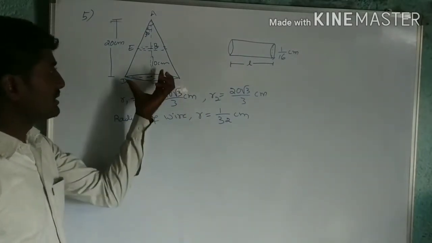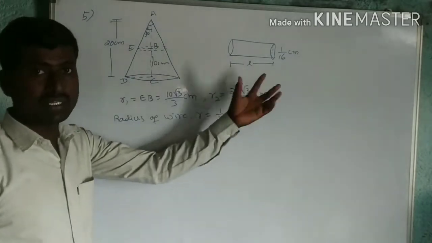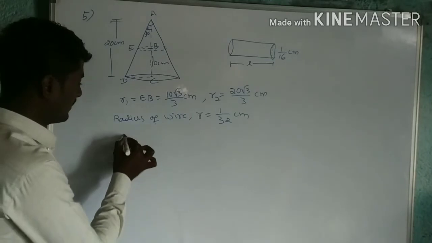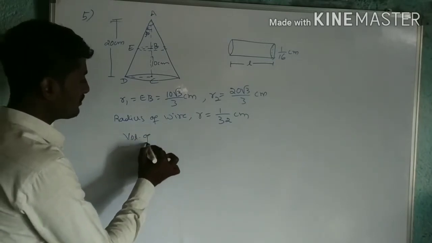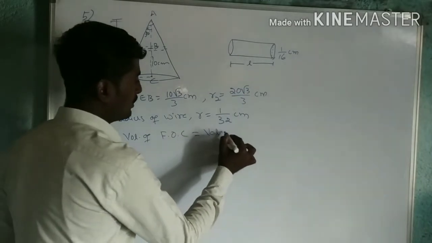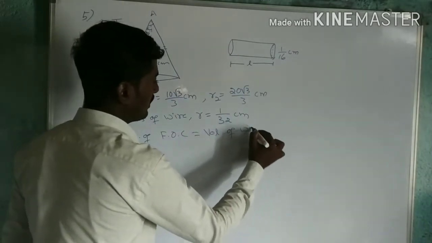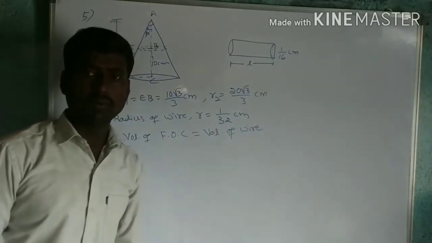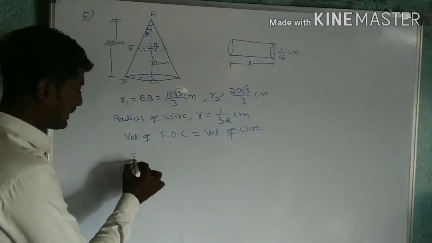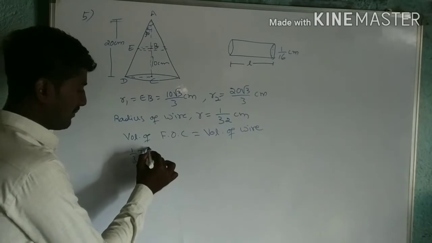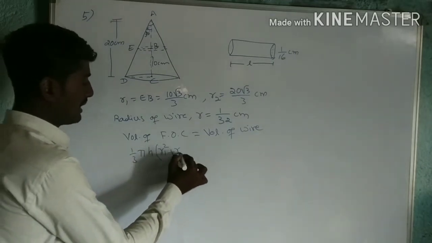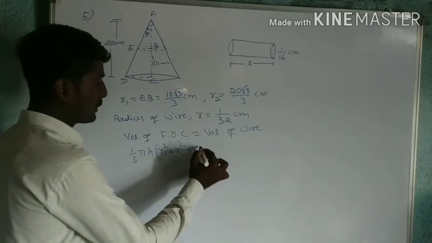Now we are converting this frustum of cone into wire, which means the volume of the frustum of cone is equal to the volume of the wire. So for this frustum of cone, the volume is 1 divided by 3 pi h, first I'll write h here only, times R1 square plus R2 square plus R1 R2.